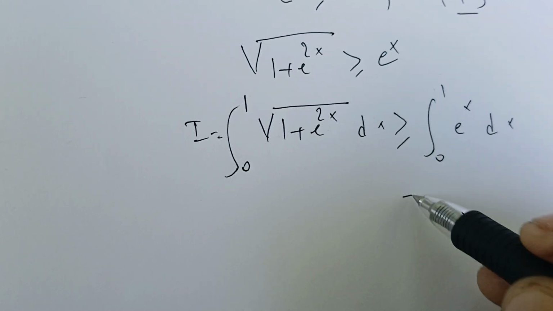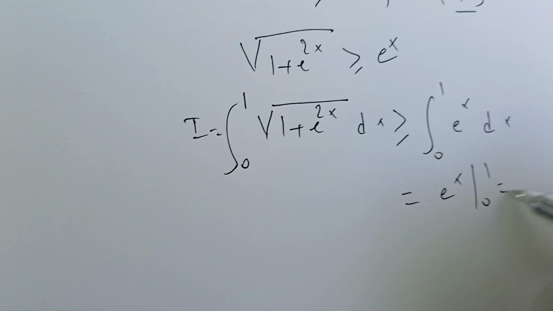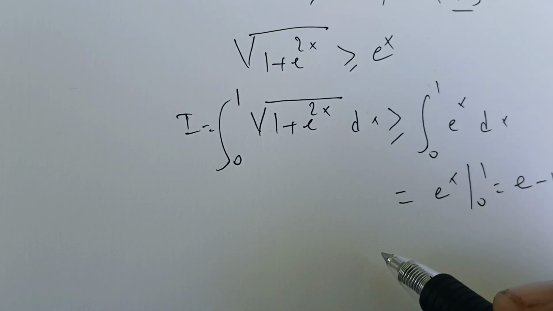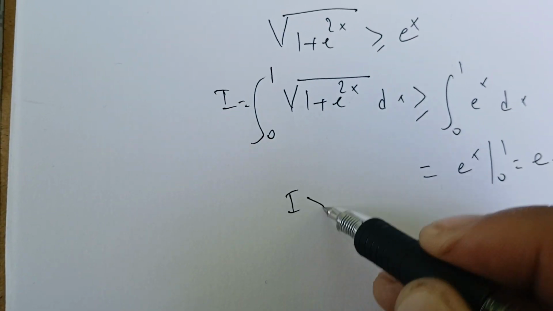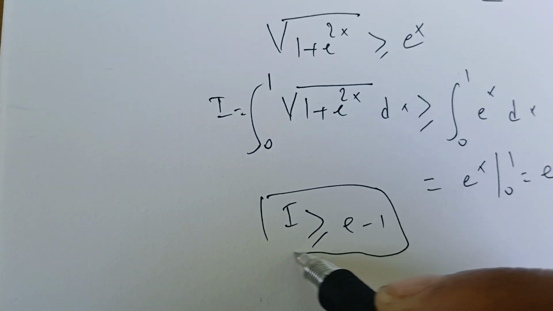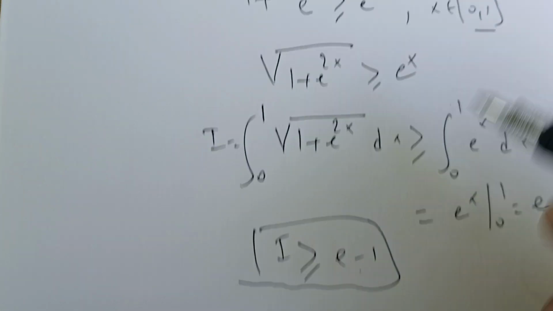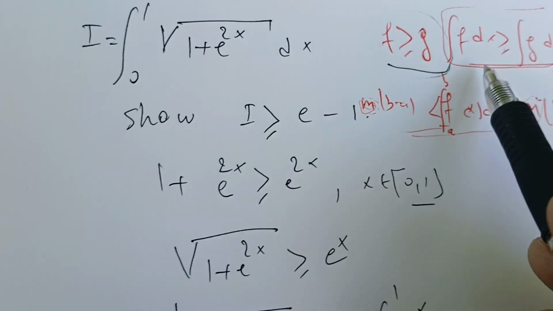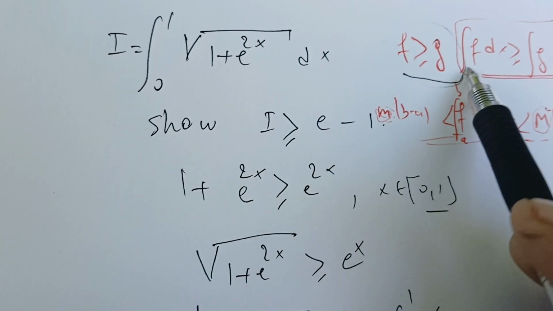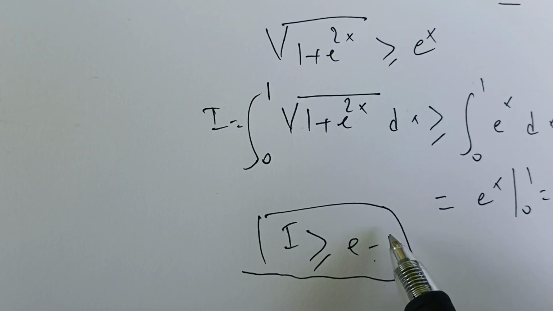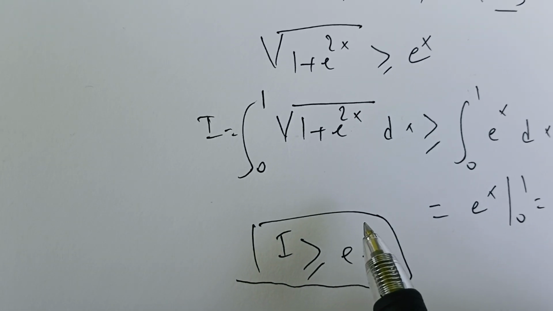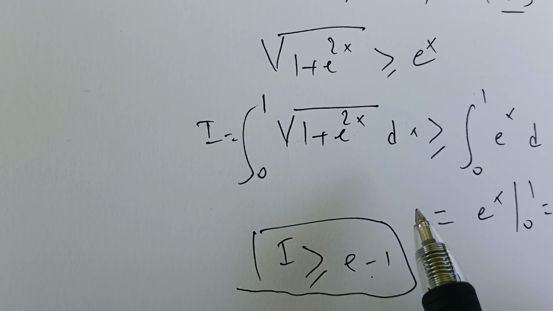And this one is just e to x between 0 and 1, which is e minus 1. And therefore I have I is bigger than e minus 1. So using algebra and using this property here, and after that integrating, I get the result. This is a quick way to prove this result that I need.